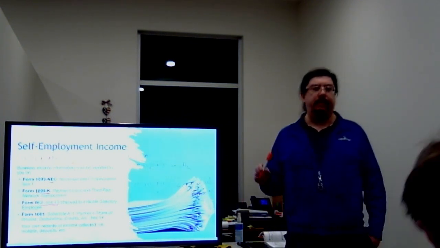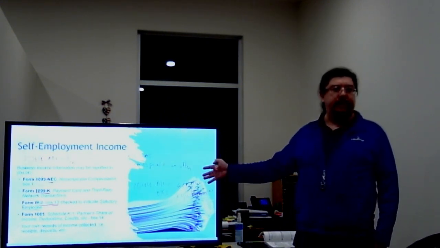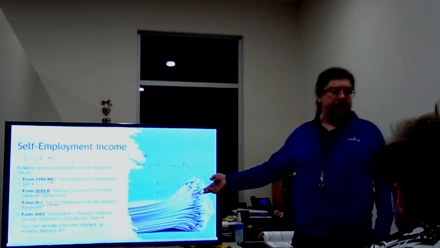So if you're not a business, it doesn't matter how much you pay or what you pay or who you pay it to, you're not required to file these forms.